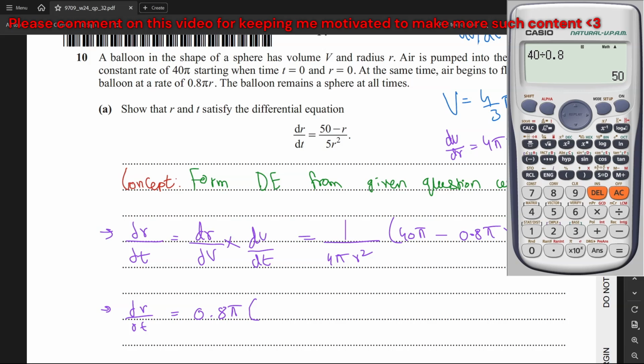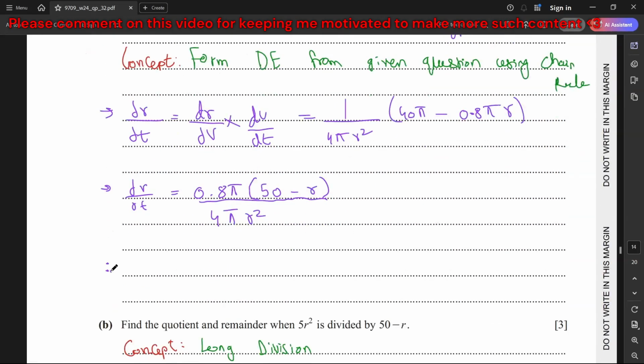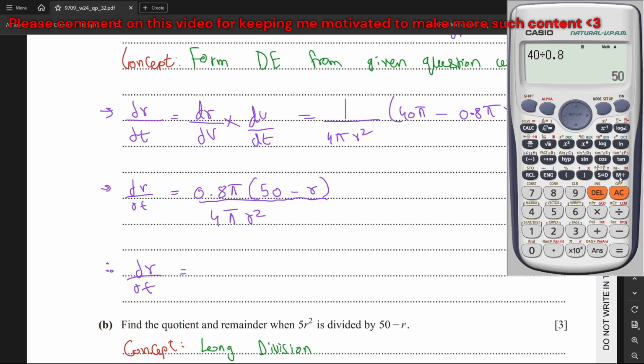So now I have 50 minus r, divided by 4 pi r square. Therefore dr dt equals 0.8 by 4, which comes out to be 1 by 5.